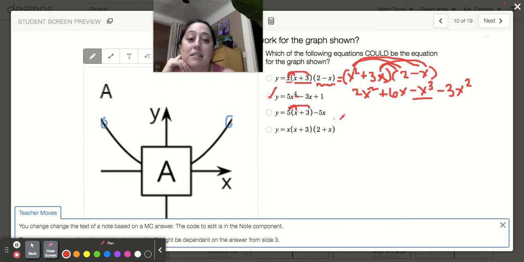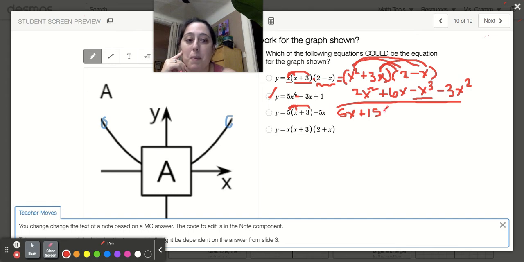5 times x is 5x. Okay, and 5 times 3 is 15. And then this minus 5x is not in a parentheses. It's not being multiplied like it was in the first choice.